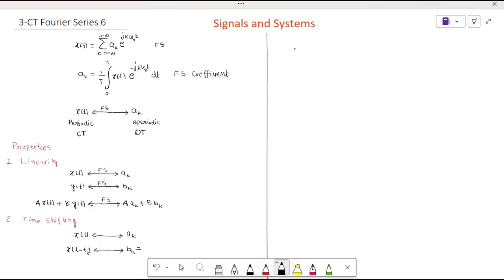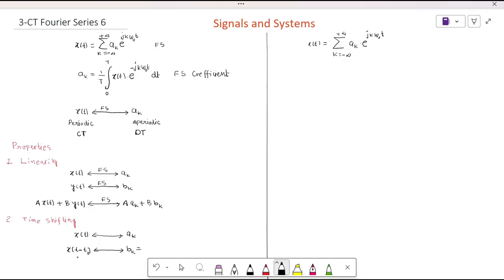For that, I'm taking the Fourier series representation. x of t equals sigma ak into e power jk omega naught t, with k from minus infinity to plus infinity.